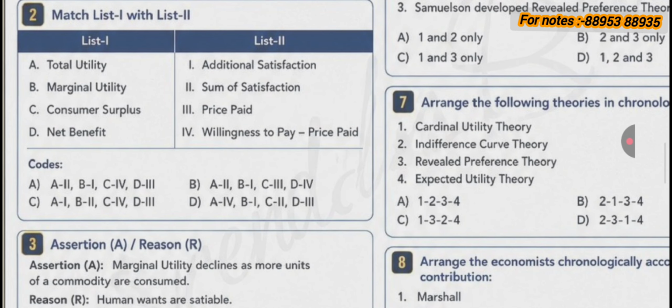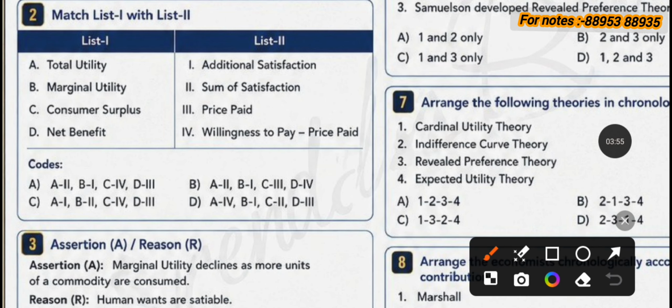another match list question, which is about utility. Total utility, marginal utility, consumer surplus and net benefit. You have to match the list. Okay, and the correct answer is option B. Now let's break down the question.